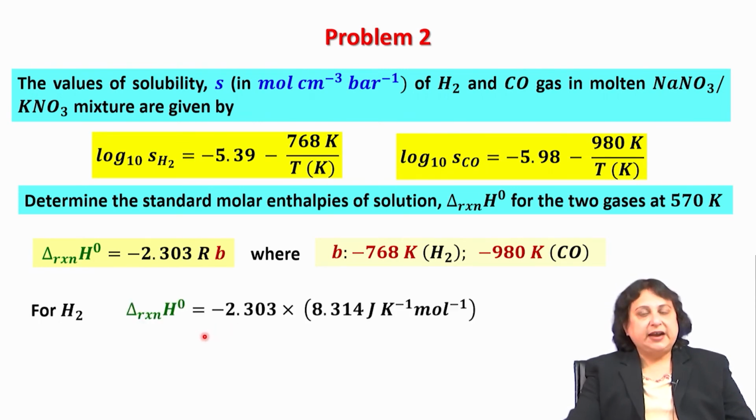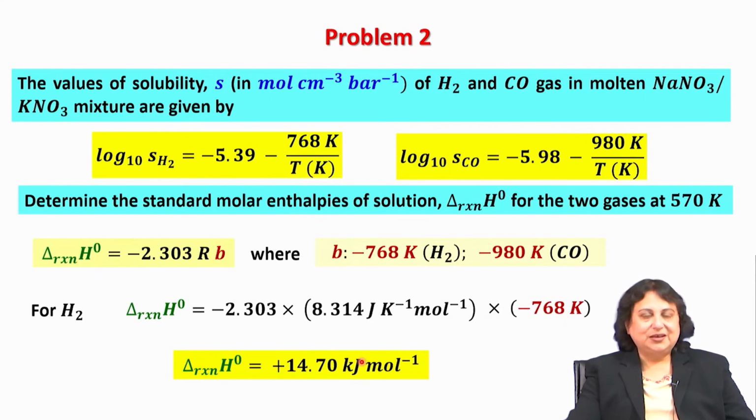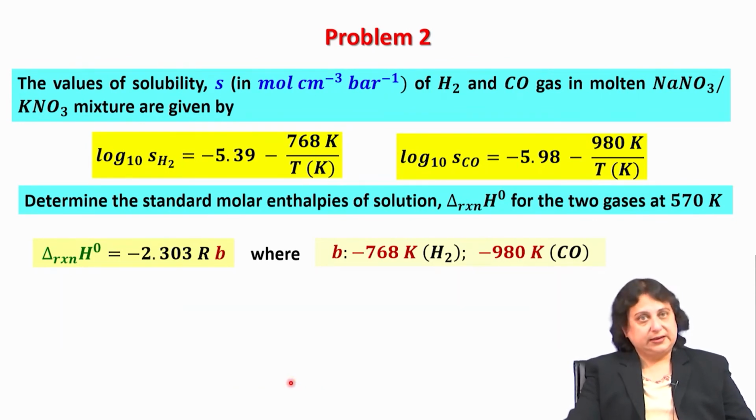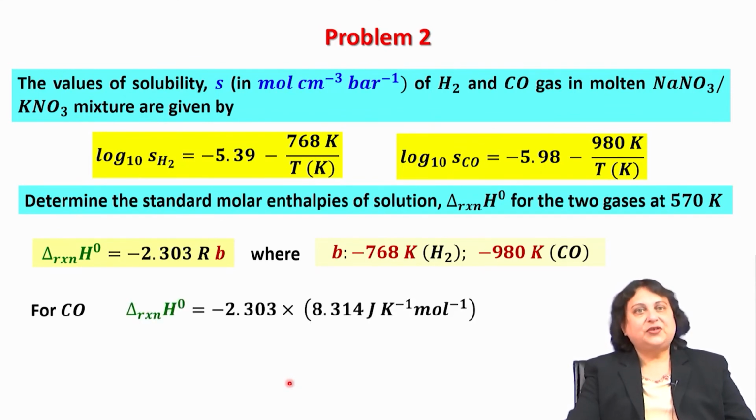The standard molar enthalpy of solution is going to be minus 2.303 into the standard value of R multiplied by the value of B for hydrogen. And if you do the evaluation, you will find that the standard molar enthalpy of solution is going to be 14.70 kilojoule per mole.